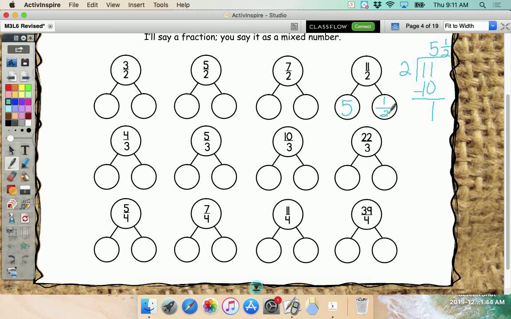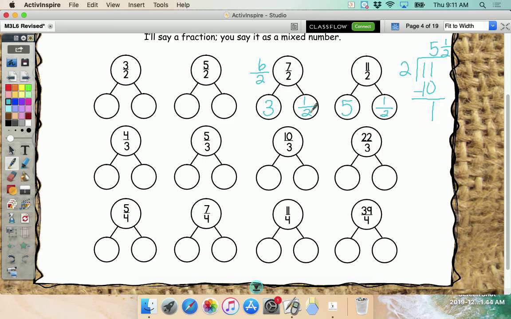And that would be 6, right? So write the 3 down because that's what I would put on top. And so that's going to give me 6 halves. Just thinking about it in my mind. Okay? What's 6 halves or 7 halves minus 6 halves? 1 half. Or just a half.